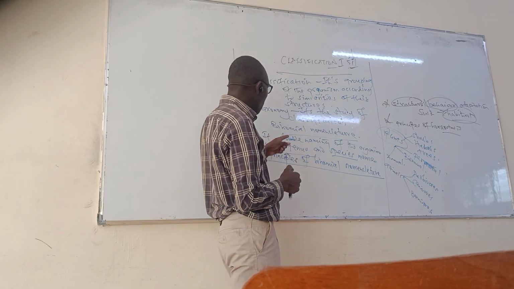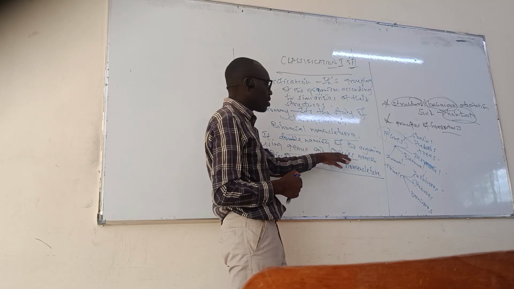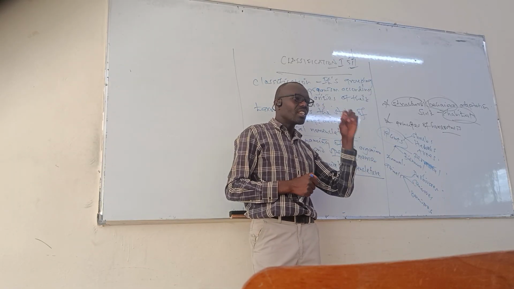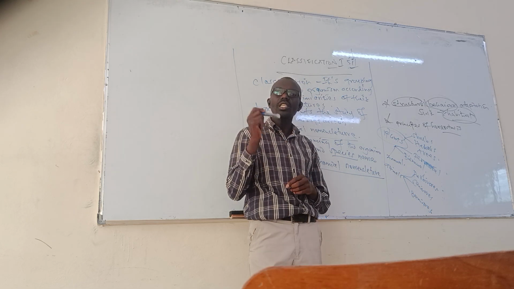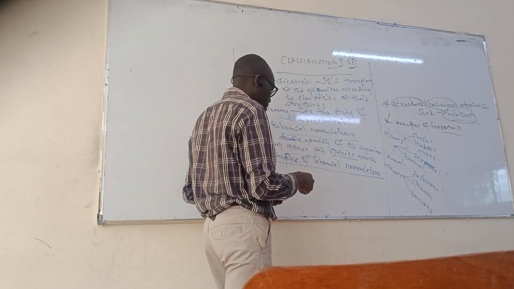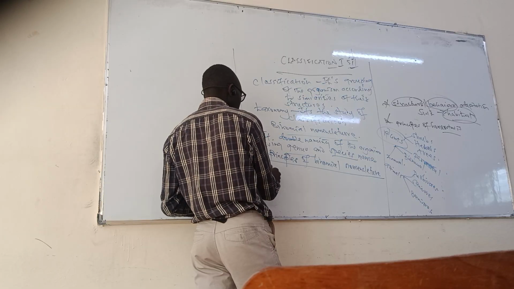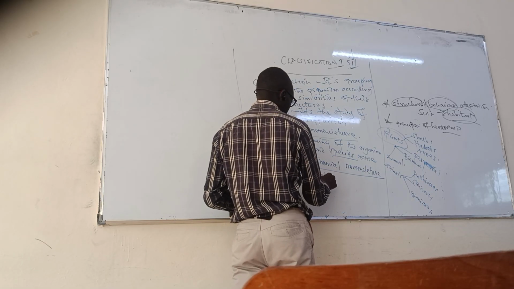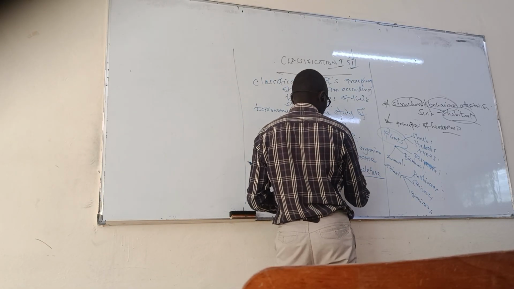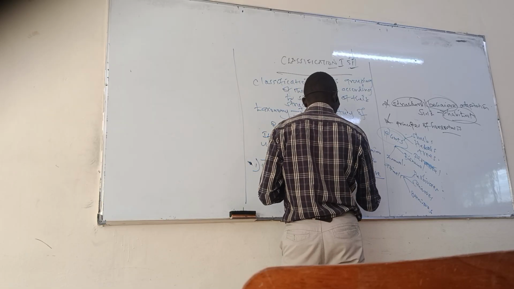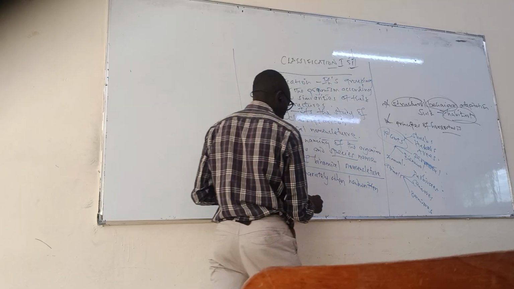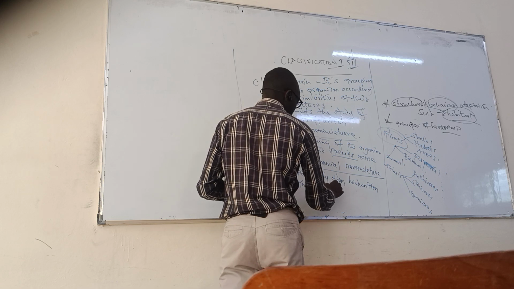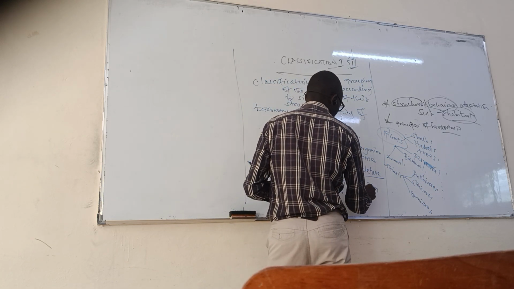So number one is that the genus and the specific names, that is giving the organisms two names, are underlined separately when it is handwritten, and when it is printed, we print using italic font.